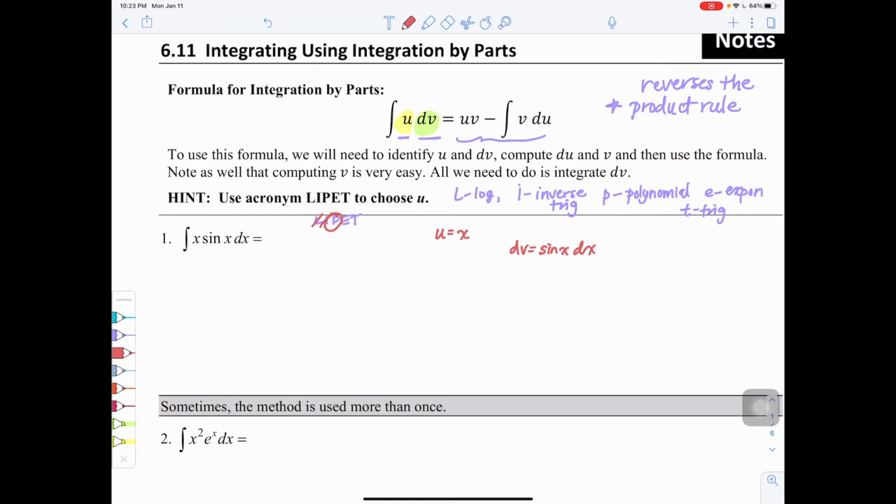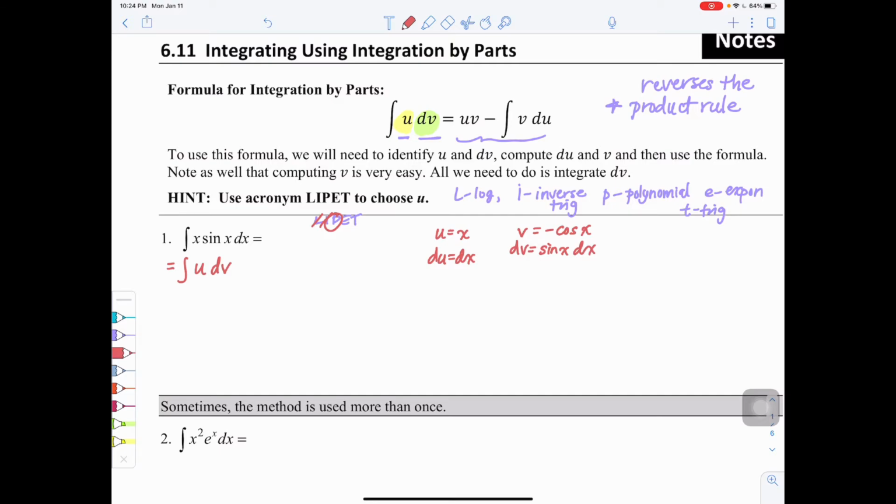Okay? So really what we have is the integral of u dv. So let's go back over here and find du, which is just dx, and we'll find v. And the antiderivative of the sine of x is the negative cosine of x.